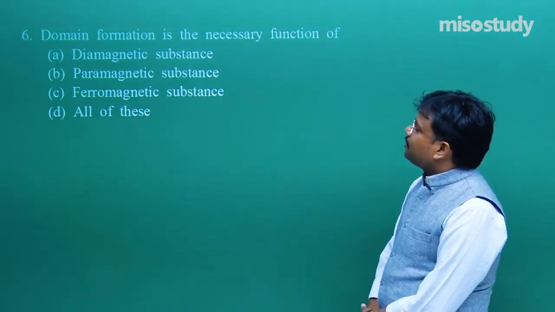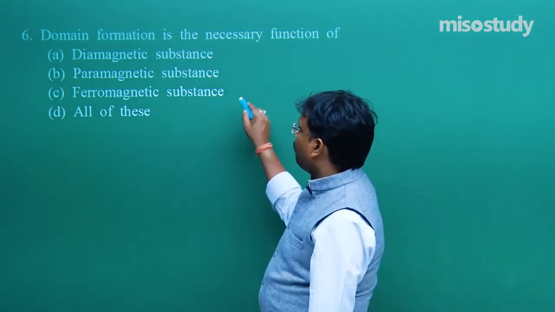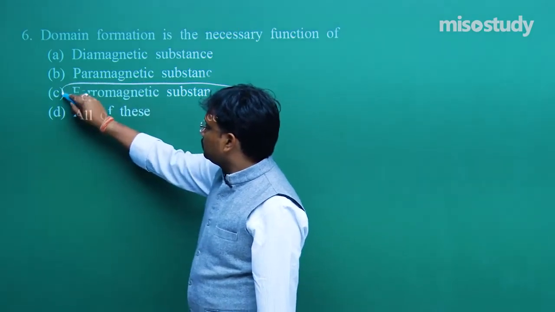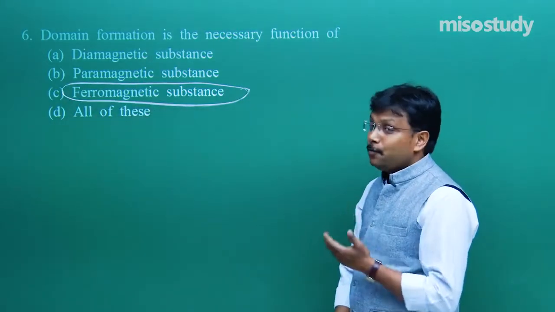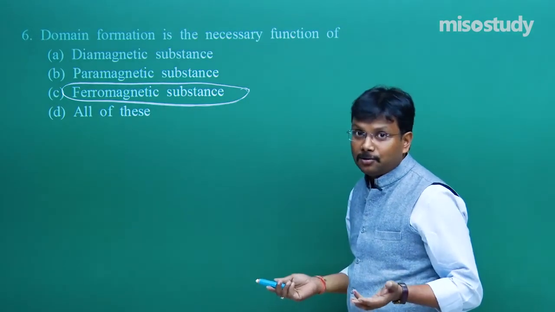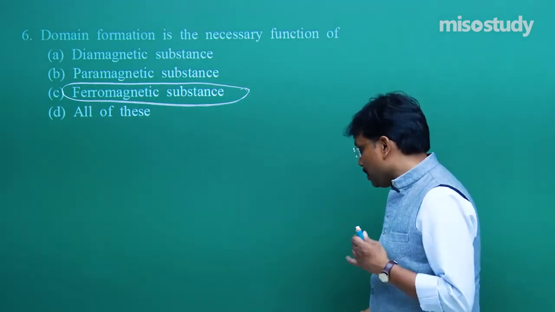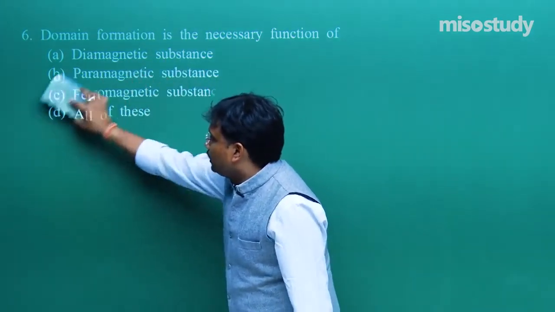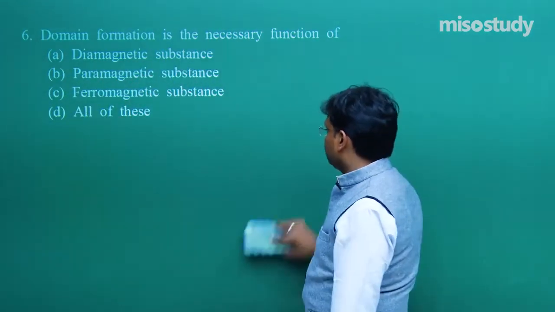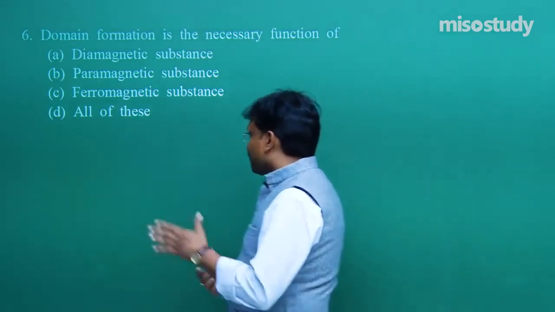Domain formation is the necessary function of... that's it. You know that. If you don't know that, please revise. The only thing that I can suggest. But here I would like to mention a very important point for all of you. That is, it's a suggestion.